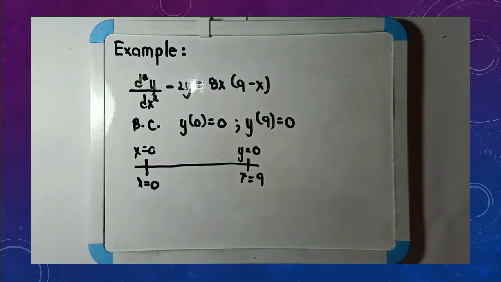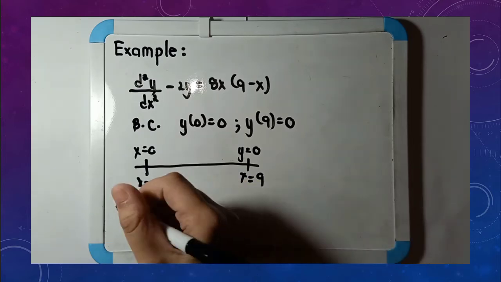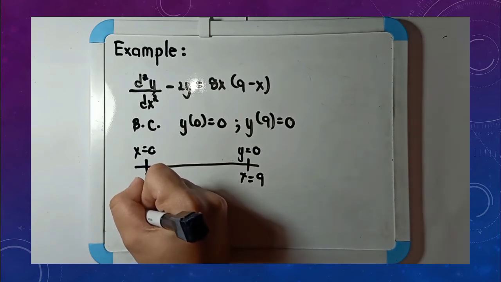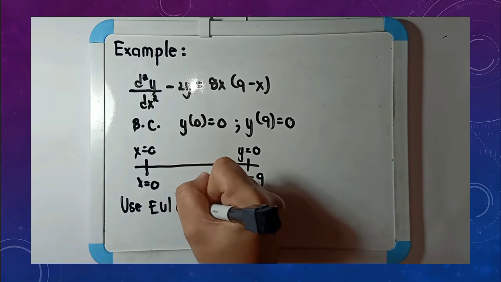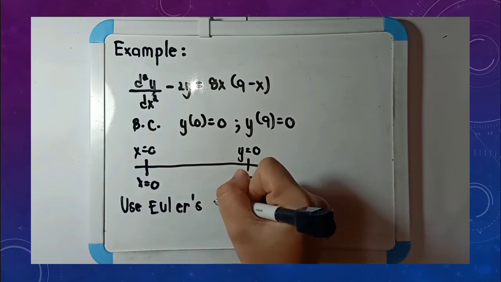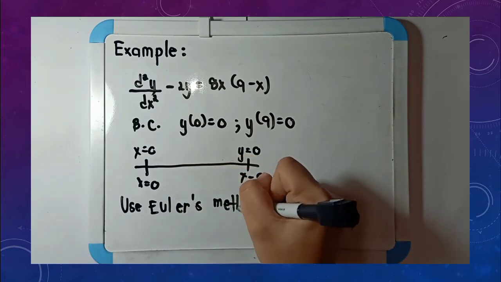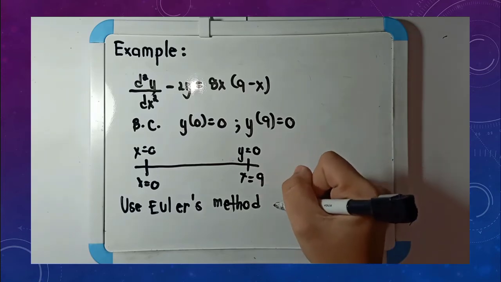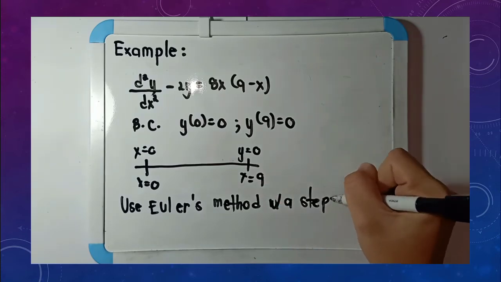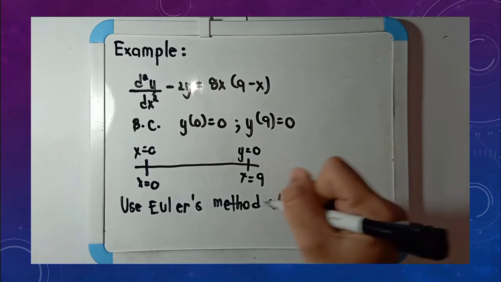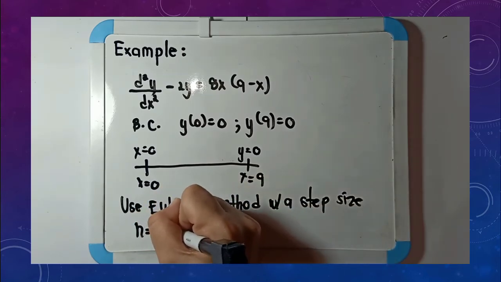So in order to keep things simple, many people suggest that we should use the Euler's method because its formula is simple. So now, let's suppose that we are asked to use the Euler's method with a step size of h is equal to 3.